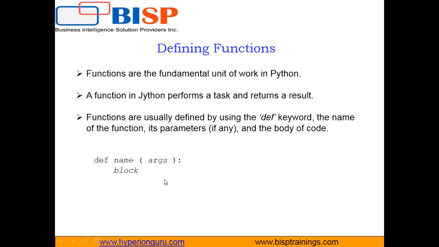So here is the syntax of the function, how we are going to define a function. First of all, the def keyword, then we define the name of the function. If we are going to create a parameterized function, and any arguments are going to be passed, we pass the arguments here. Then we define the block of that function. So let's take an example.